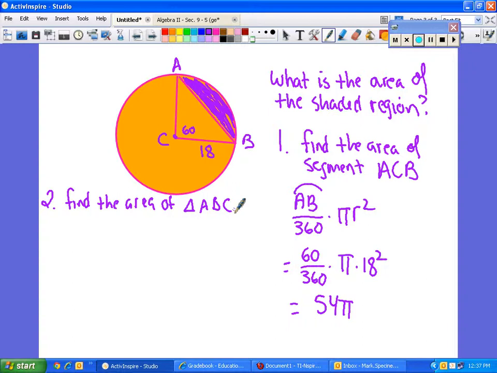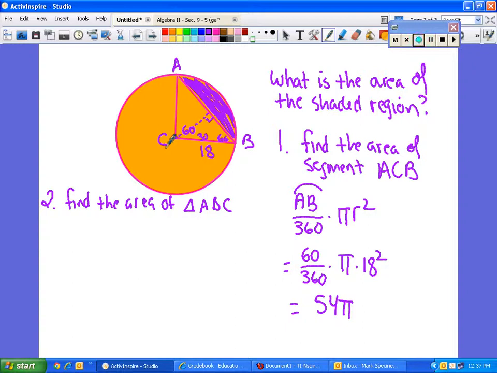What we need to do is create an altitude. When we create the altitude, we create a 30, 60, 90 right triangle. The altitude cuts this angle in half, so this little angle is 30, this angle is 60, and this angle is 90.